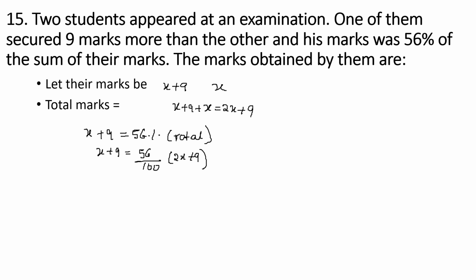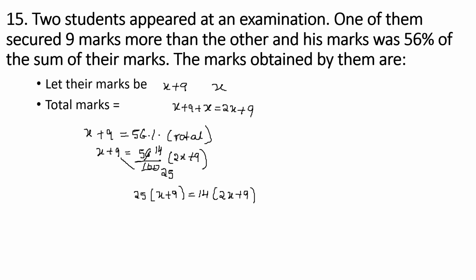Upon simplification, 4 14s are 56, and 4 25s are 100. Then cross multiply, we have 25 into x plus 9 is equal to 14 into 2x plus 9.